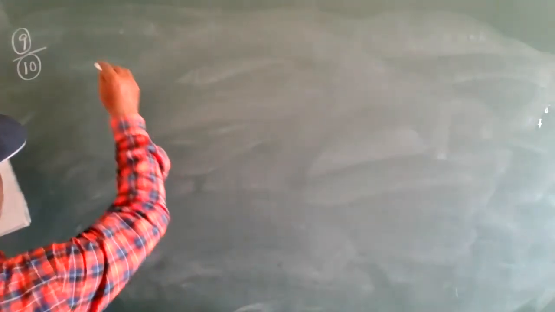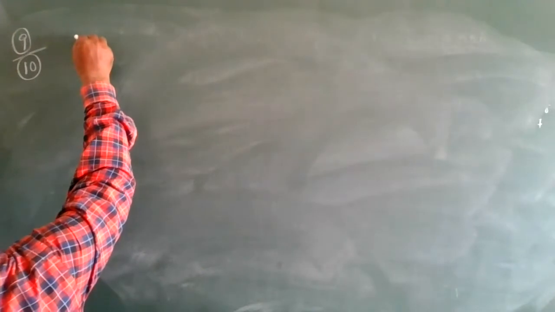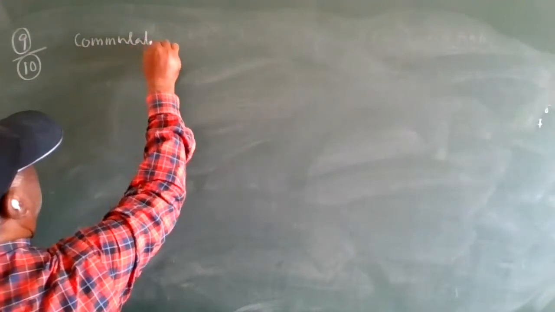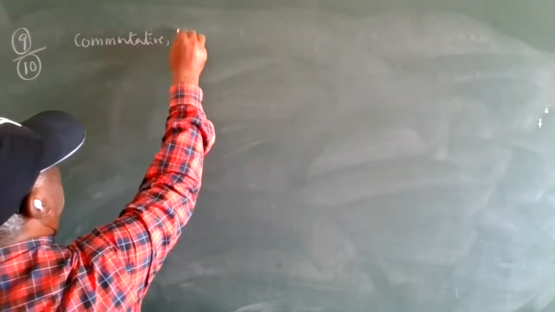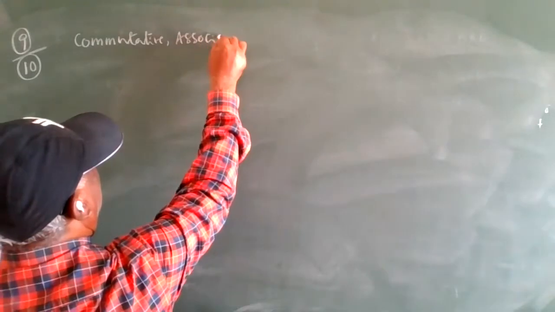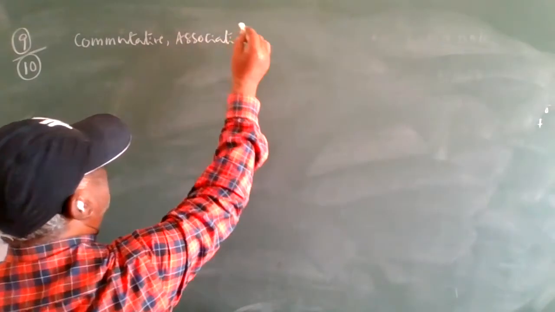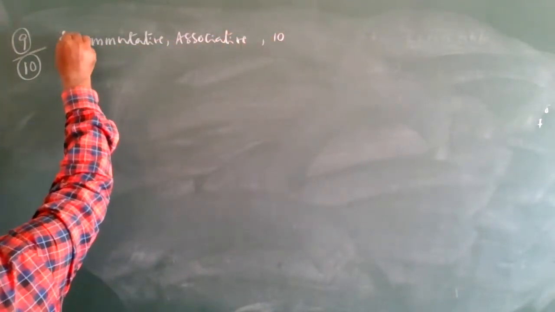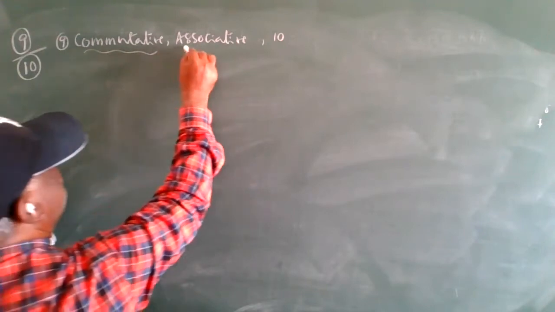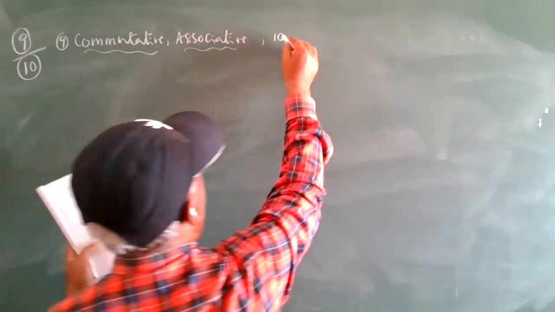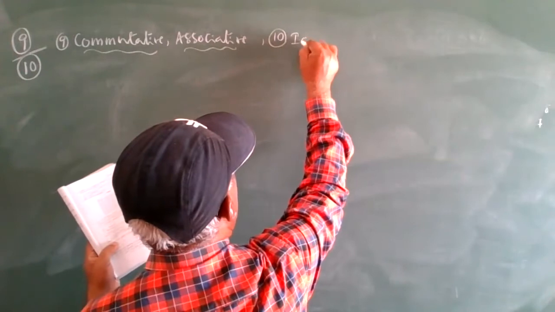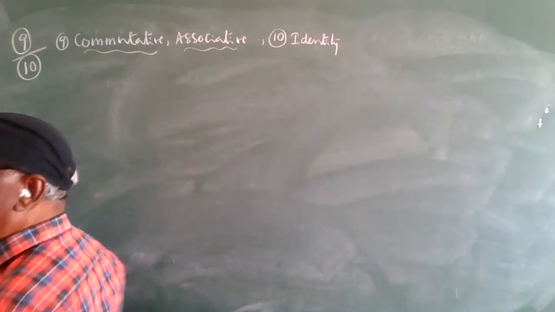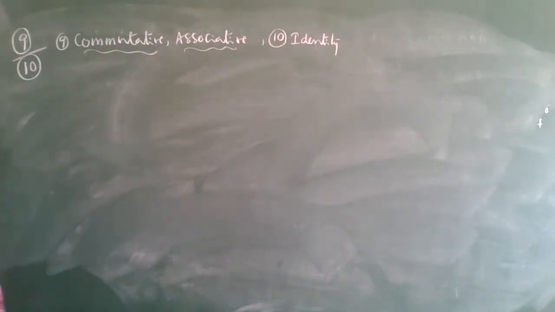In the 9th we check commutative, associative, and the 10th one is identity. This is the 9th problem. Commutative you can check, associative, same 9th problem. In the 10th one, identity can be found out.